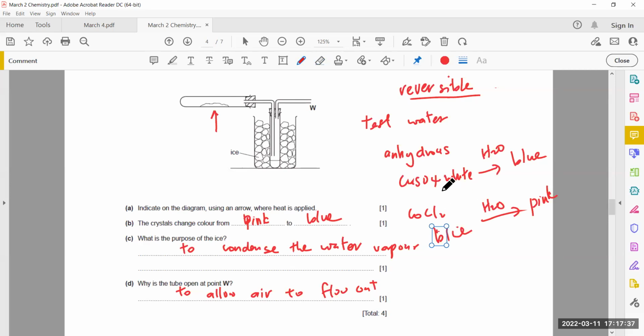We learned this last time when we learned the reversible reaction and testing for water. Do you remember? No, can't remember. I thought you guys learned reversible, right? Yeah, this is the one. The reversible reaction, how we test for water.